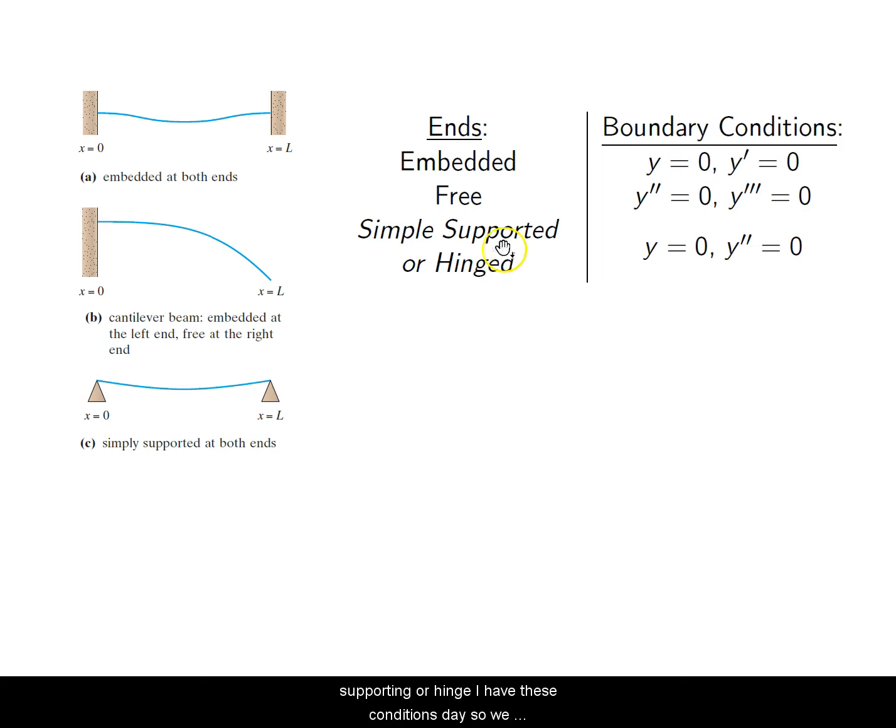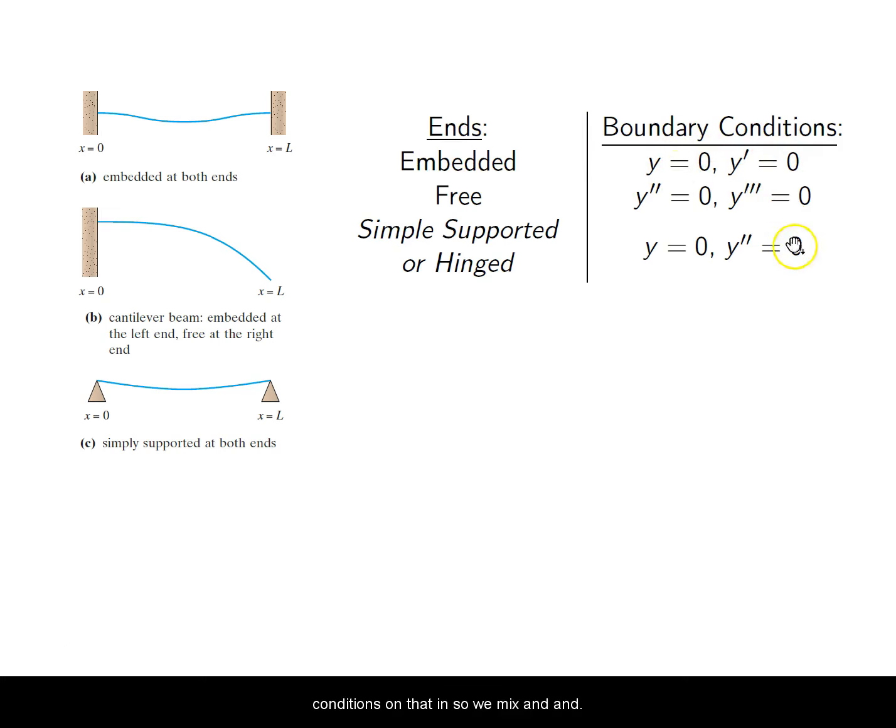If I am simply supported or hinged, I have these conditions, okay? So we can mix any of these 3 up. For example, if I'm embedded on one end, I have these conditions on that end. If I am simply hinged on the other, I use this on that side. If I'm free on an end, I use these conditions, and if I'm embedded on the other, I would use these conditions on that end.